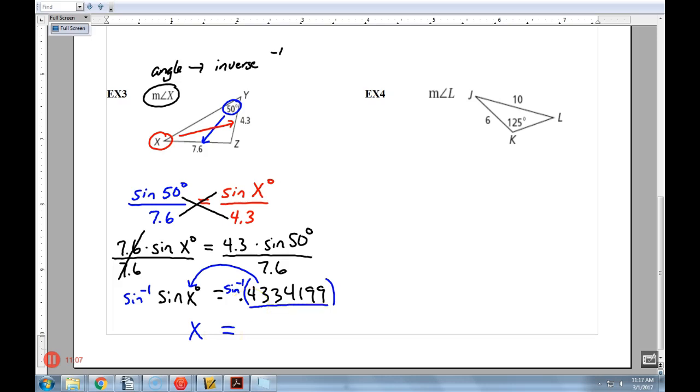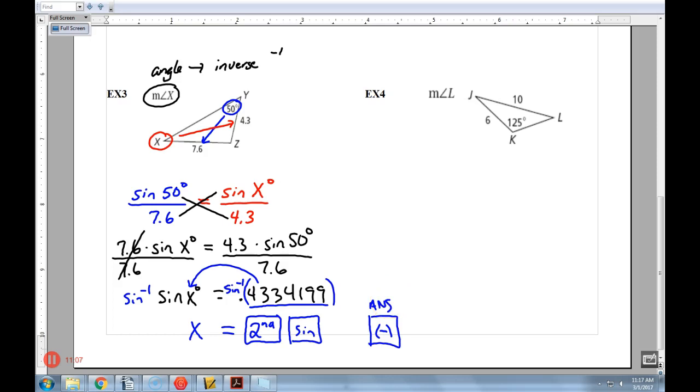Now, there's two ways to do this. I could punch in inverse sine and then type all those decimals in. But since this is already in my calculator, I'm going to do this little move. I'm going to hit the second key, and then hit sine, because that gives me my inverse. And now instead of putting that number in, on my calculator there's the little negative key at the very bottom, right underneath the 3, that says ANS above it.